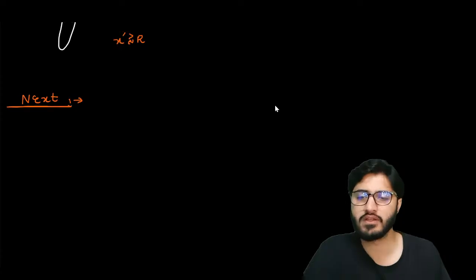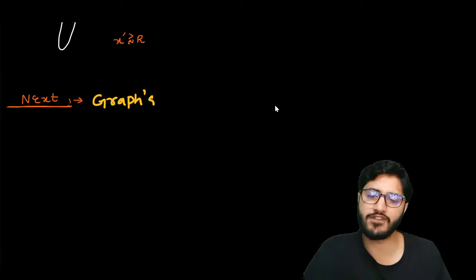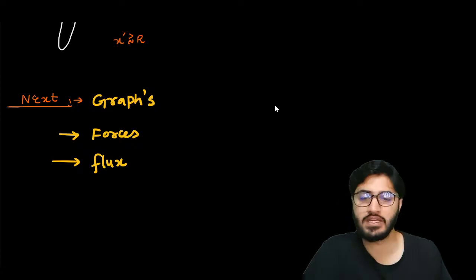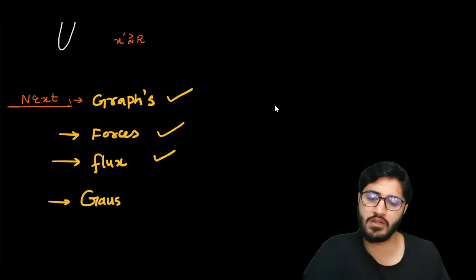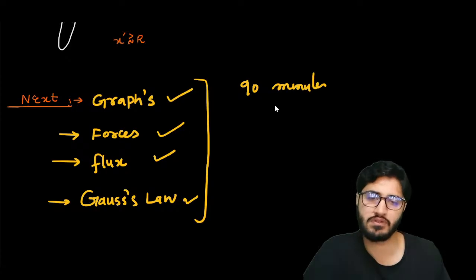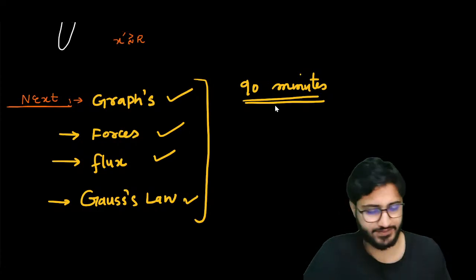We will be doing graphs, then we will be dealing with forces, then flux. These three things we will be discussing next class. If time permits, we will be discussing Gauss law also, right? And I just told you, our class will be of 90 minutes, not more than 90 minutes. In the next class, we will be starting from graphs.